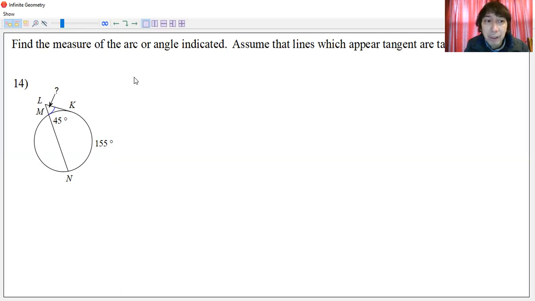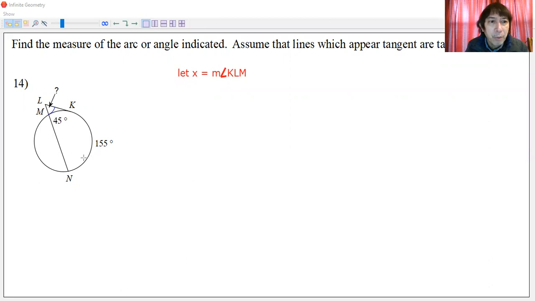For simplicity, let x be equal to the measure of the angle KLM.